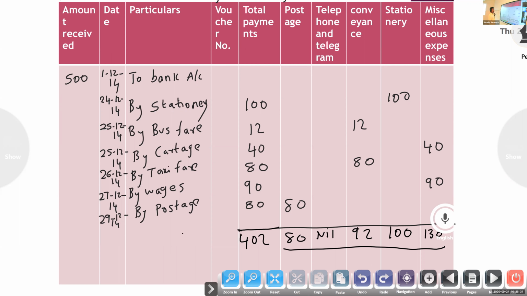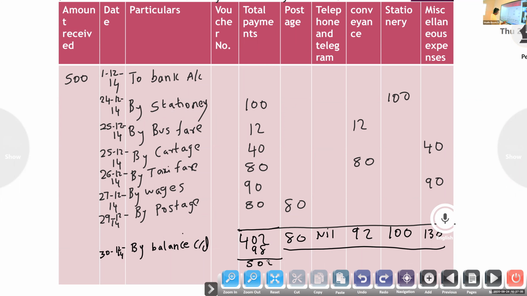Okay. Now we will balance. We have 500 rupees. Out of that we spent 402. So below you write 30th, 12, 2014, by balance c/d, carry down 98.